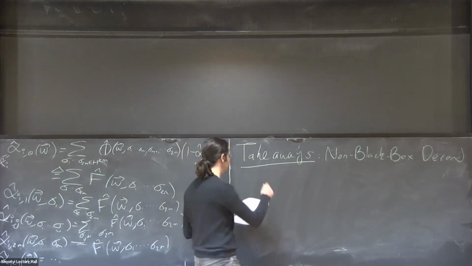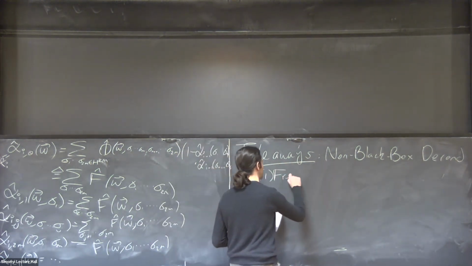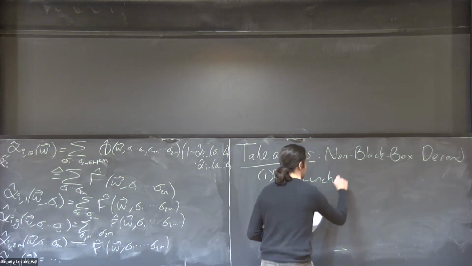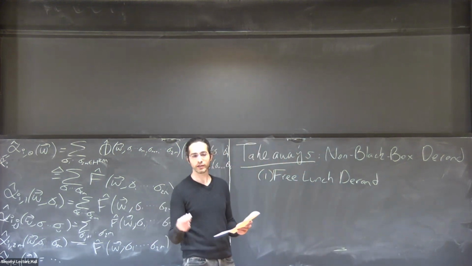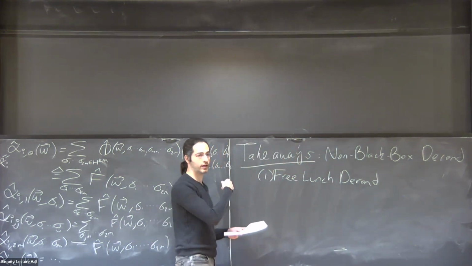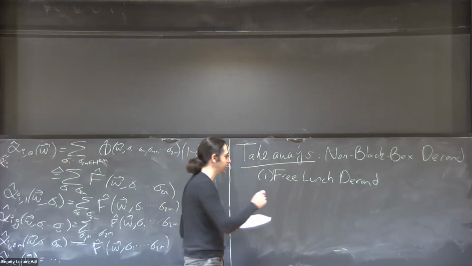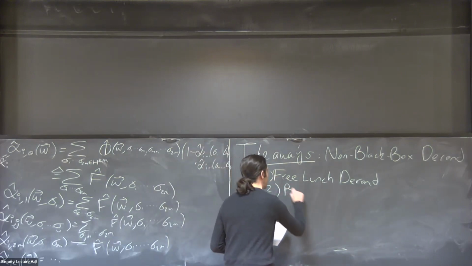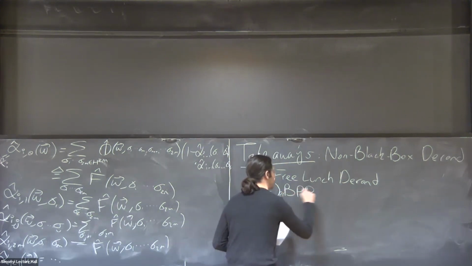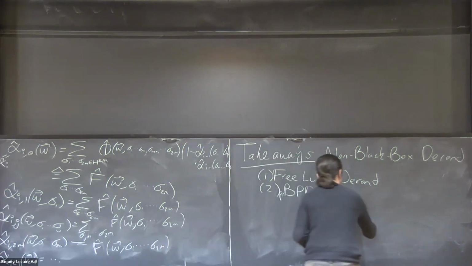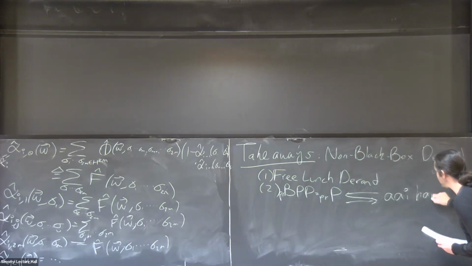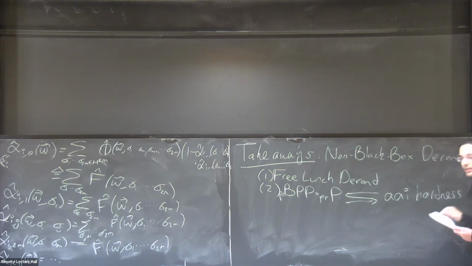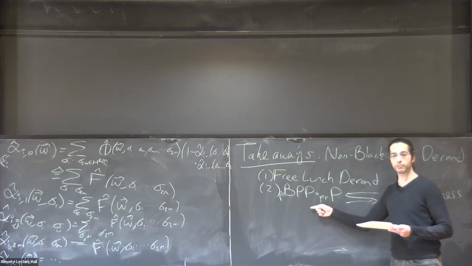We saw a free lunch derandomization: if we agree to pay by having a small number of errors, we can get derandomization that is non-black-box and has almost no overhead in running time. We saw a connection between BPP equals P and hardness for algorithms on almost all inputs. This is a new bidirectional connection that characterizes BPP equals P without PRGs.